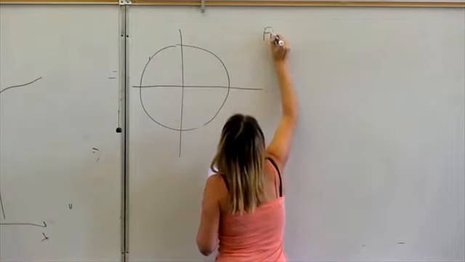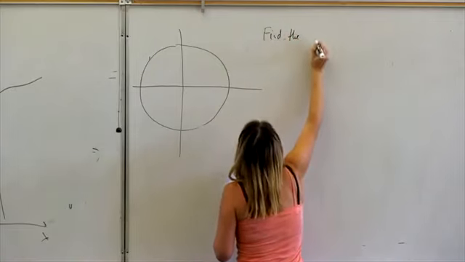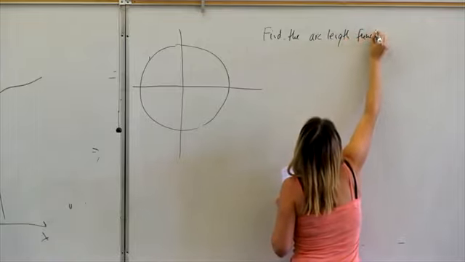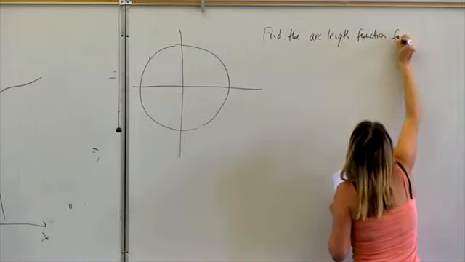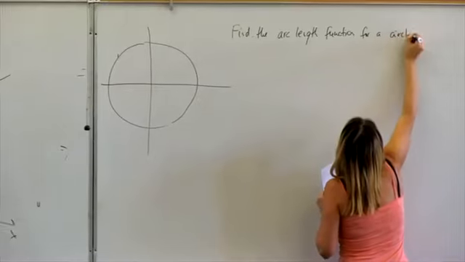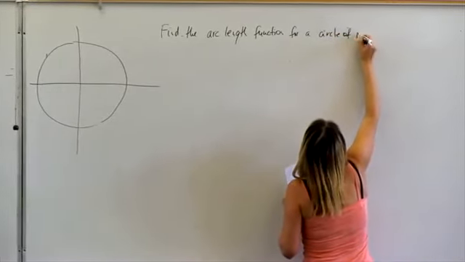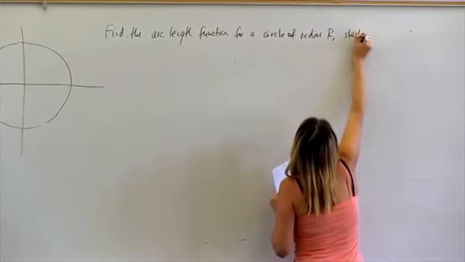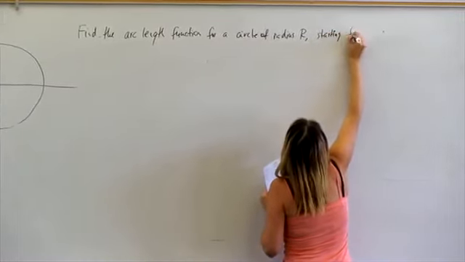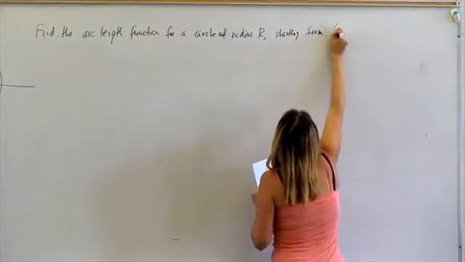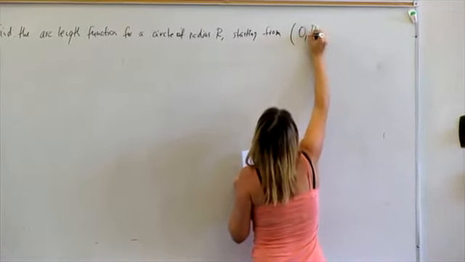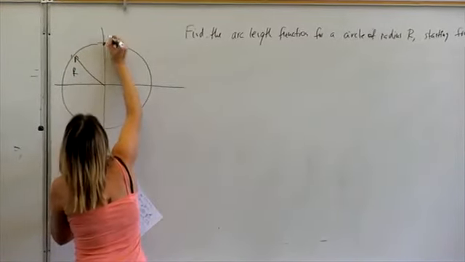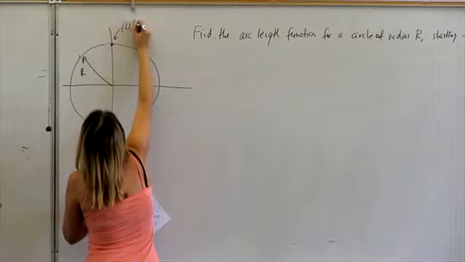Find the arc length function for a circle of radius r starting from the point (0, r). So this is radius r. This point here is (0, r).